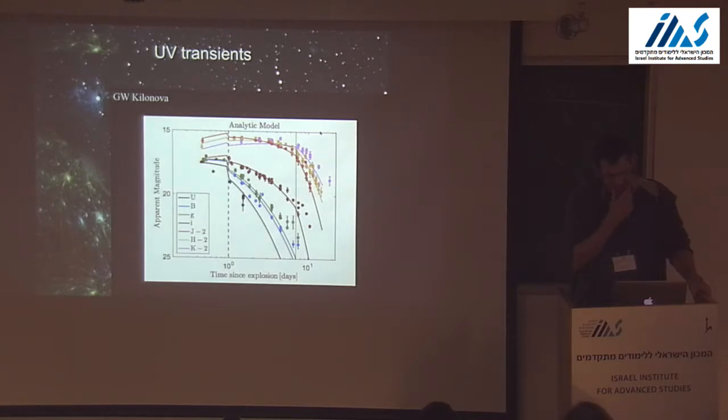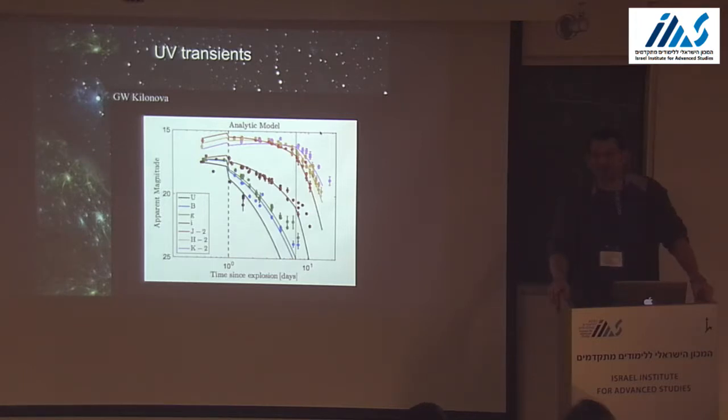The last thing I wanted to tell you before going to speak a little bit about Ultrasat is of course to mention the recent discovery of the kilonova associated with the binary neutron star merger detected by LIGO, which was also a UV transient, in the sense that early on it had UV emission.